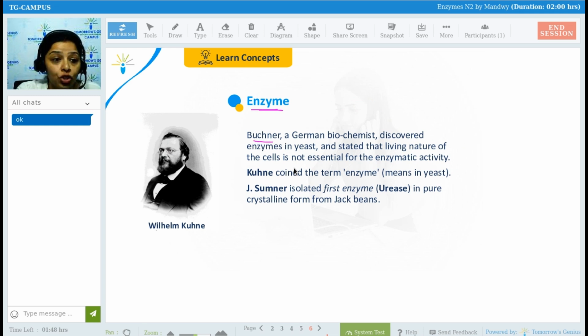This enzyme was first discovered by Buchner. Buchner was a German biochemist, and he discovered the enzyme in yeast.